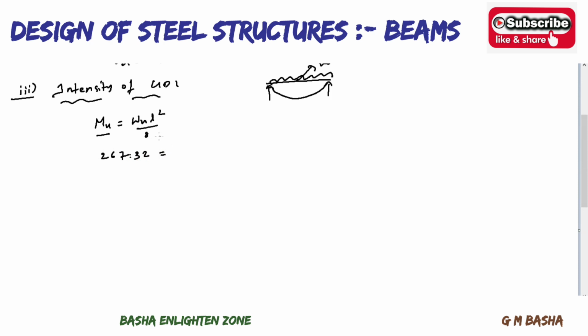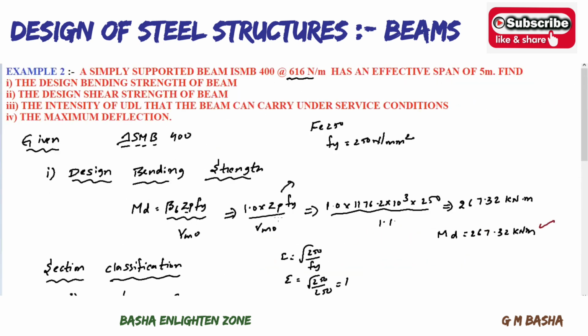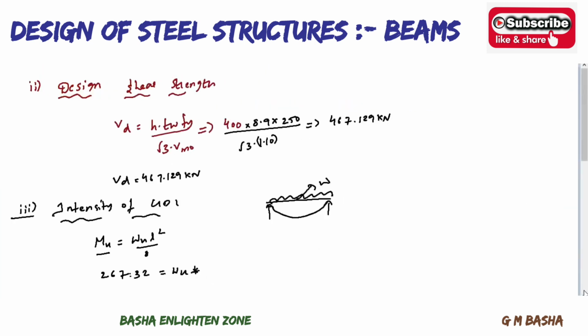Here the load is in terms of ultimate load, so we are solving for the ultimate load Wu into L square by 8. L is the effective length of the span, which is given here, 5 meters. Take the same value here, 5 square by 8.